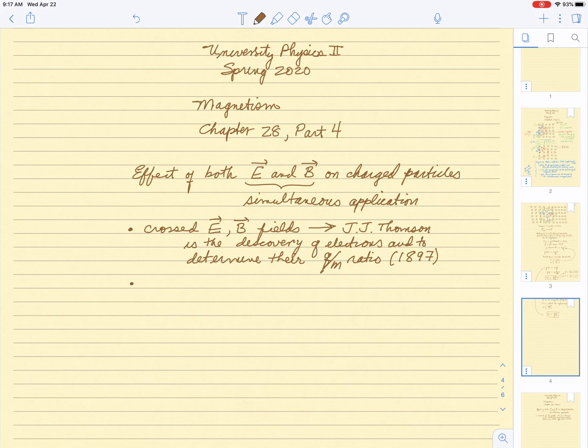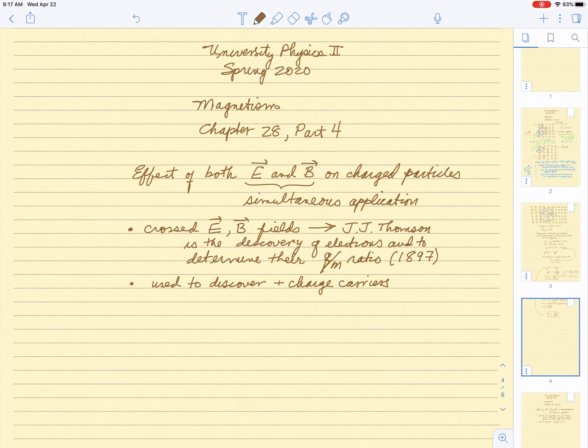And later on, crossed electric and magnetic fields were used to discover positive charge carriers, or the signs of charge carriers.